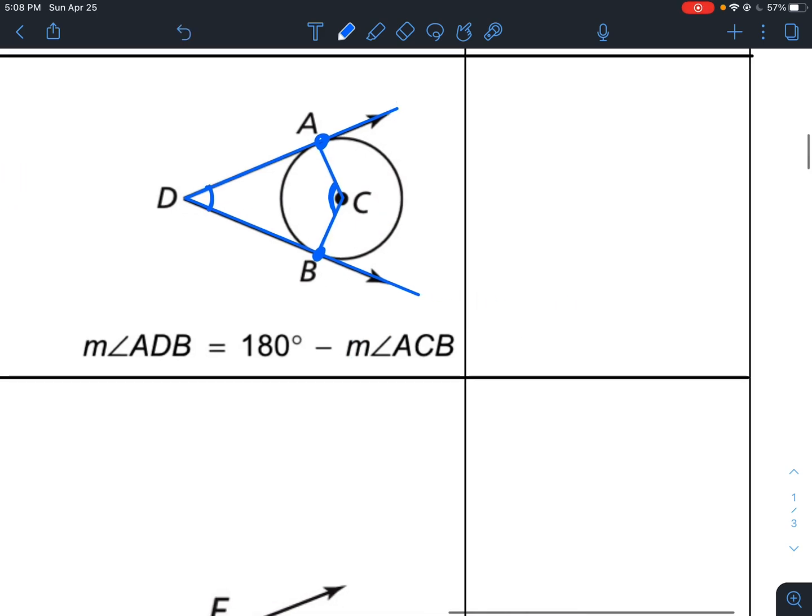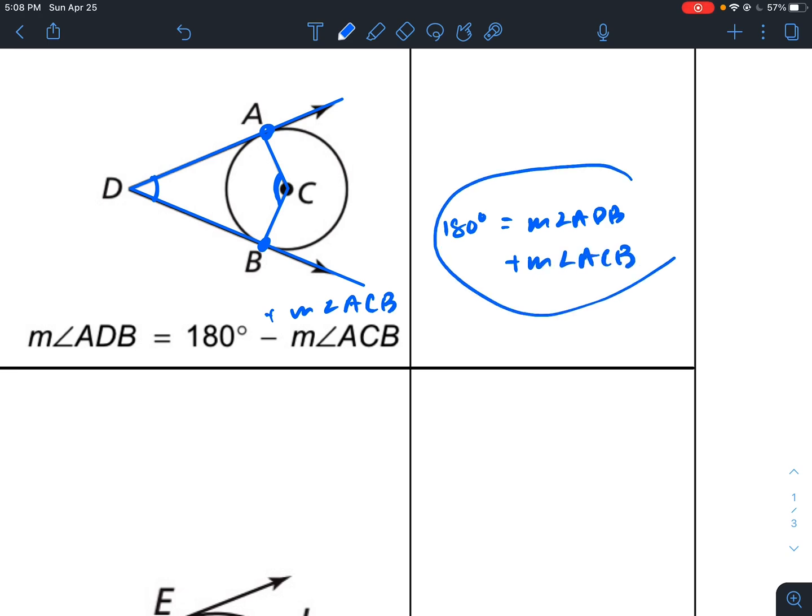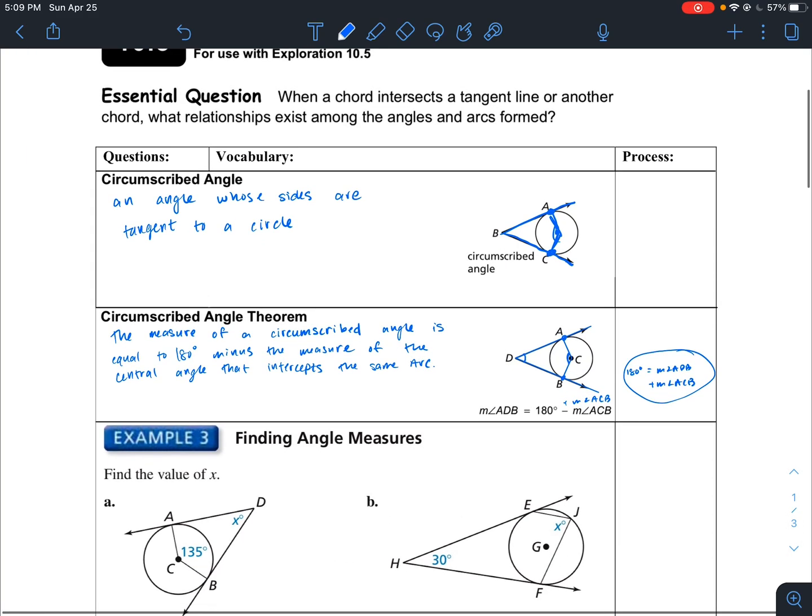But then you could also add the measure of angle ACB. So then 180 degrees would have to be equal to the measure of angle ADB plus the measure of angle ACB, and this by definition is supplementary. They have to be supplementary.